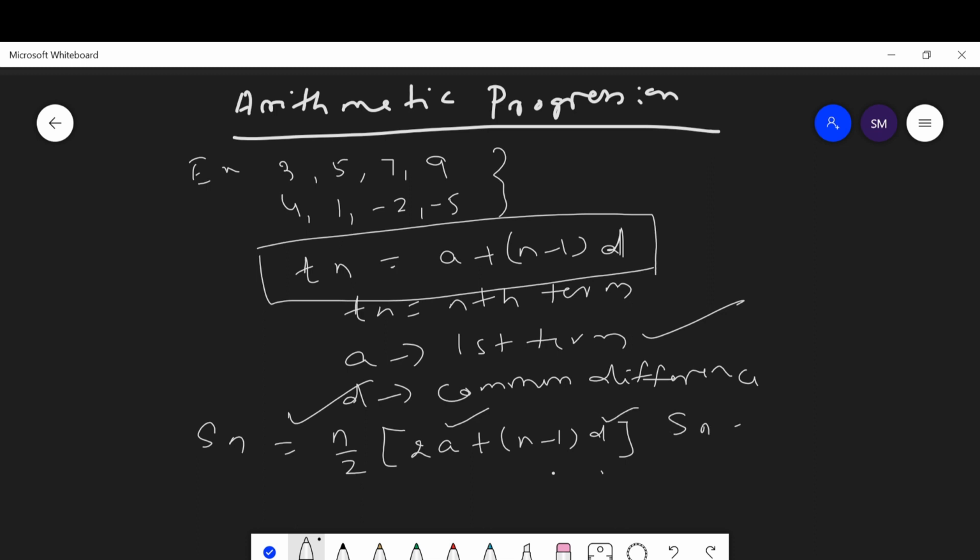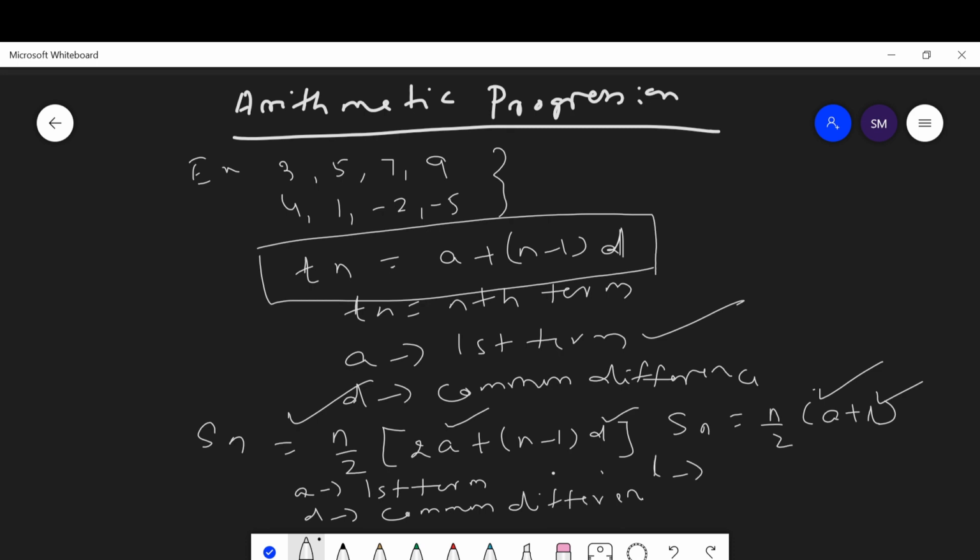Or Sn is equal to n upon 2 into (a plus l), where a is the first term and l is the last term. Sn is the sum of the first n terms.